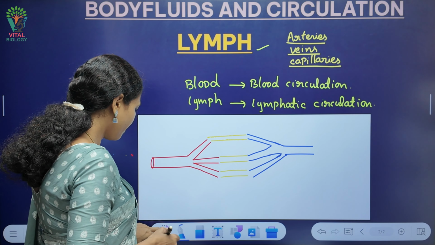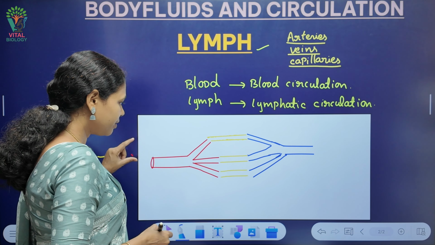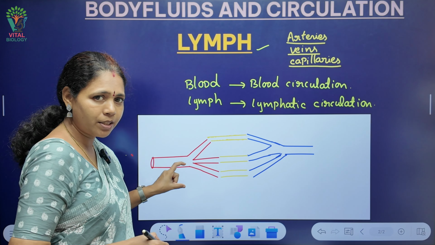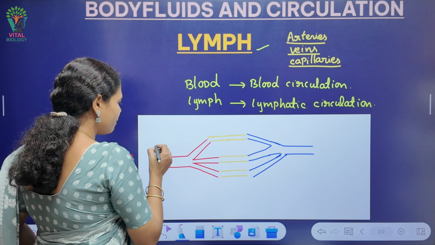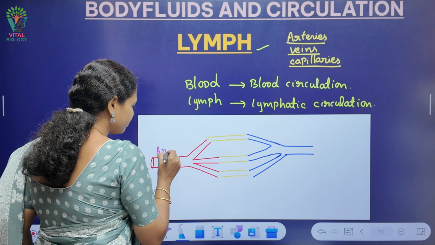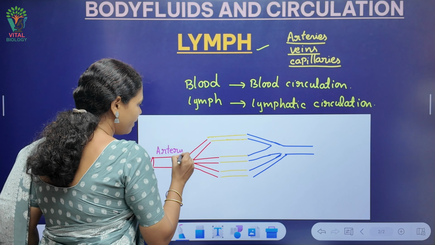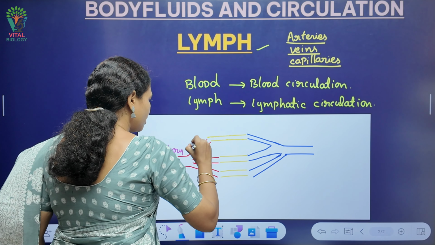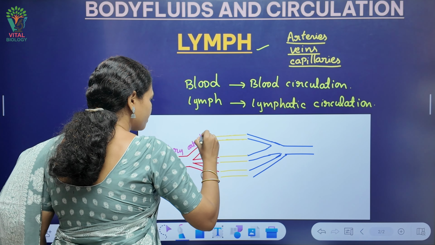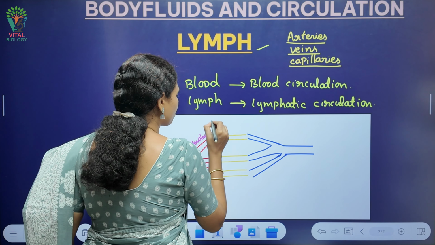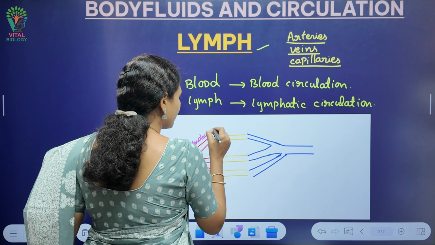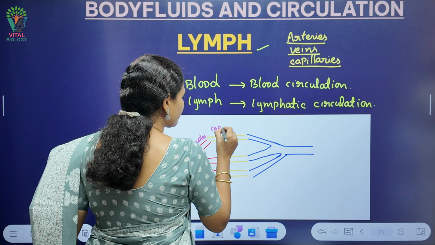So here you can see, the blood vessel carrying oxygenated blood from the heart is called an artery, and this artery divides into smaller branches called arterioles. These arterioles further branch into the minute, smallest blood vessels called capillaries.